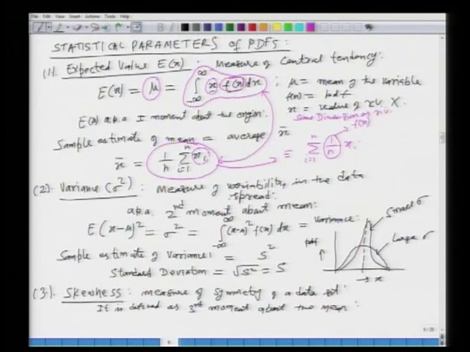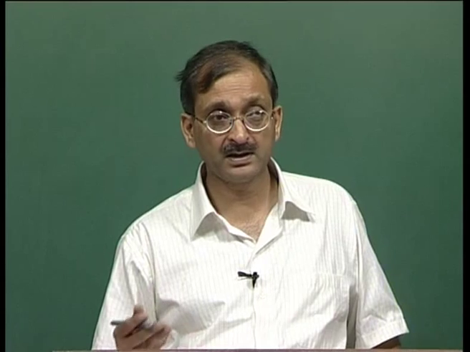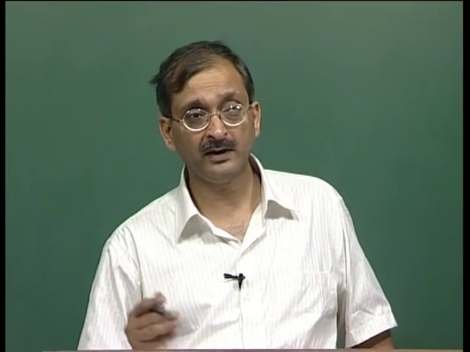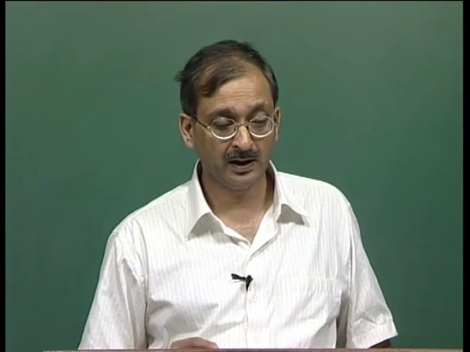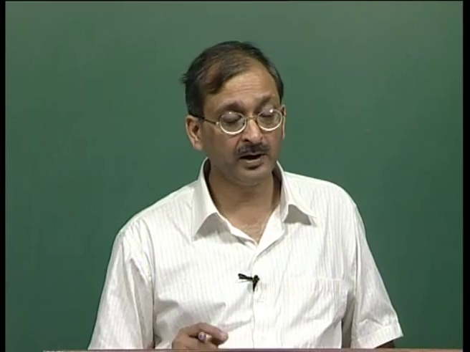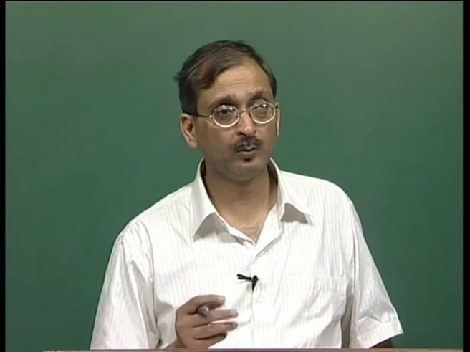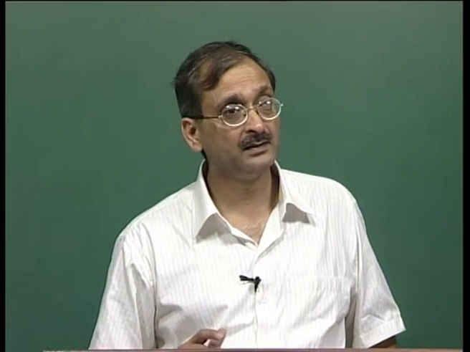Okay. So, the units of your expected value of x is same as the units of your random variable. If it is rainfall, if it is centimeter, expected value also will have the same unit as centimeter. If it is peak flow, annual peak flows, meter cube per second or feet cube per second, the mean also will have the same dimension or same units.